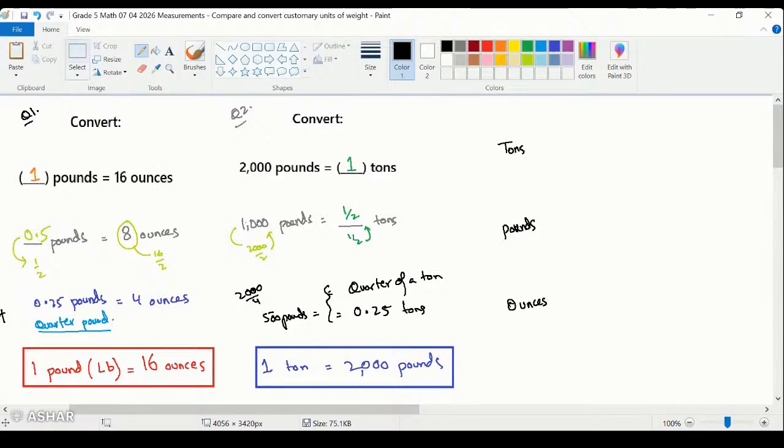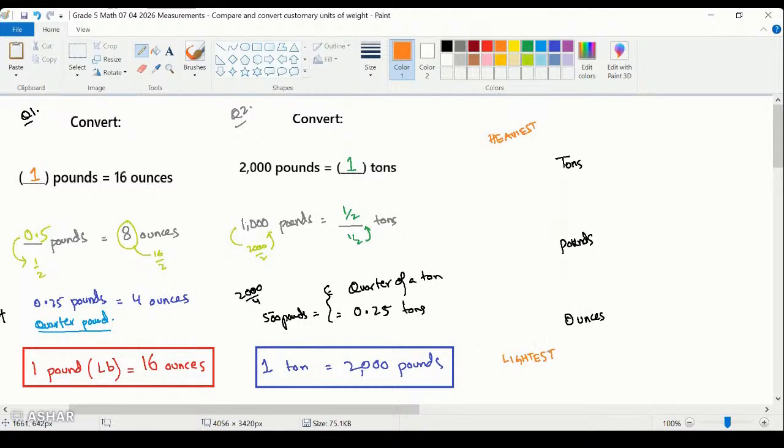Agreed? Ton is the heaviest over here, and this would be the lightest, right?